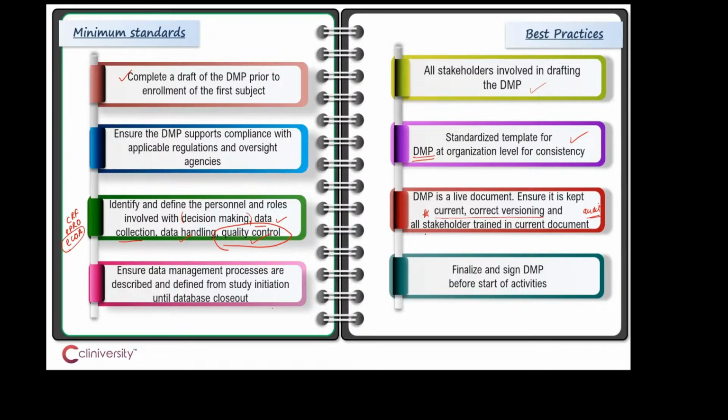And that every time there is a DMP update, the staff is trained on those current processes and the updates that are made with each version. There may be a requirement of the auditor asking for documentation of this specific training that they have done for the DMP.